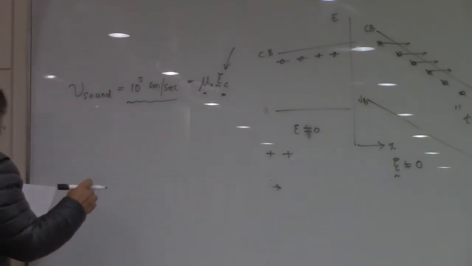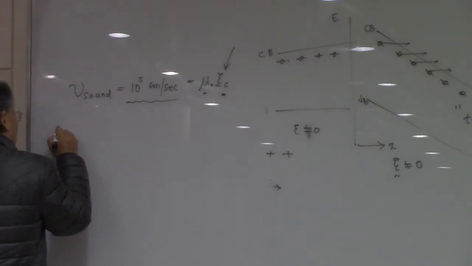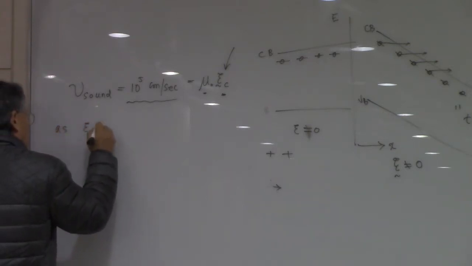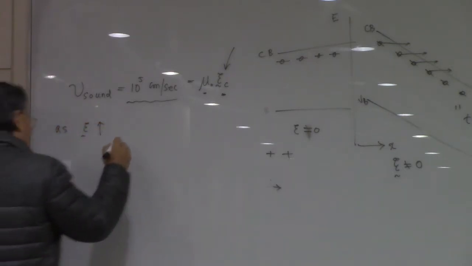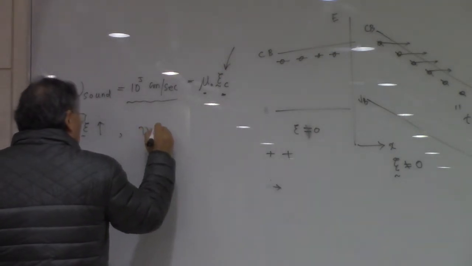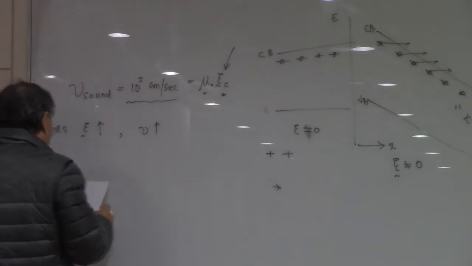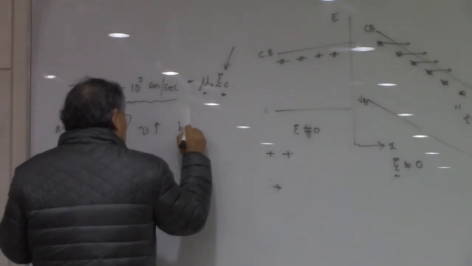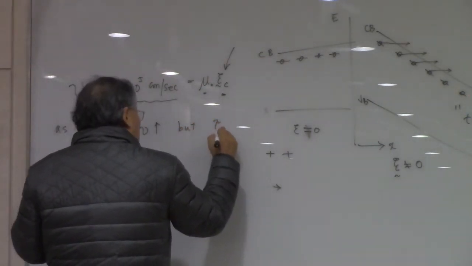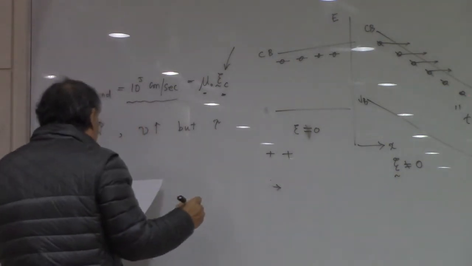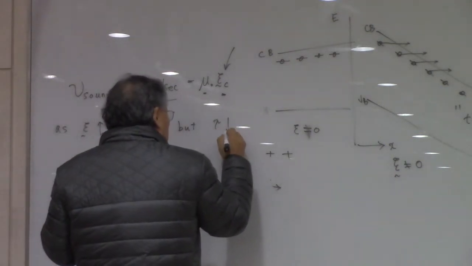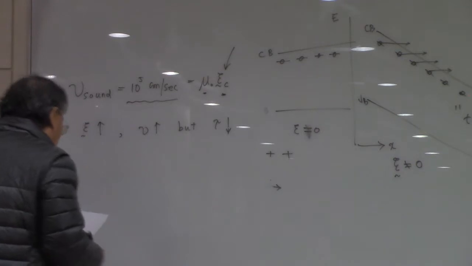So I just mentioned that as the electric field increases, the velocity of the electron is going to increase, but the scattering relaxation time is going to decrease, okay?